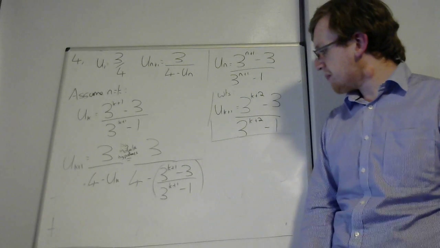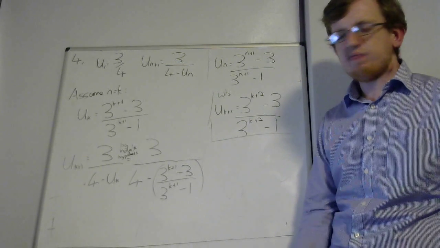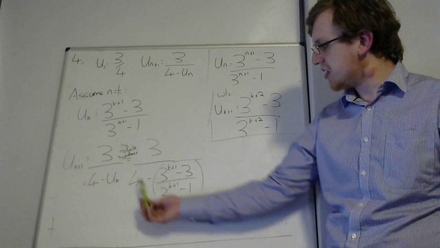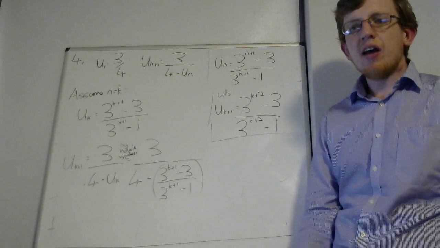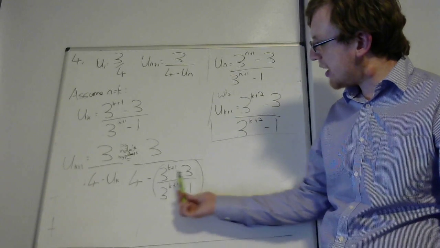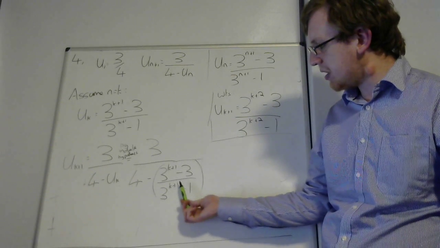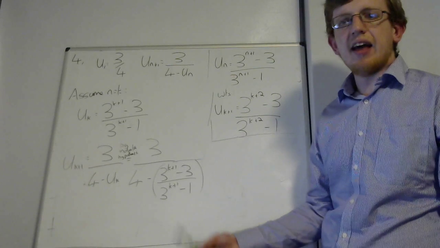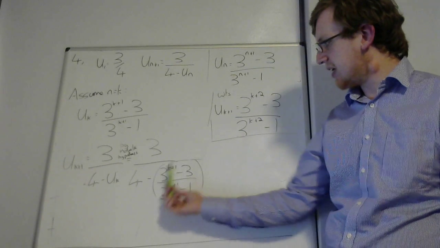We could do that, but 4 doesn't really make a fraction nice with 3 to the power k plus 1. So what I'm going to do is get rid of this fraction here by multiplying everything by 3^(k+1) minus 1, and that will get rid of the denominator here.